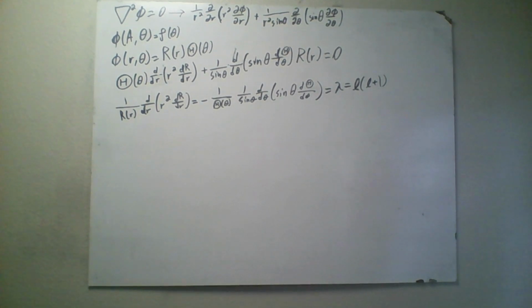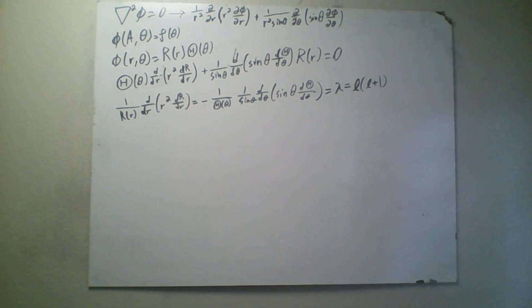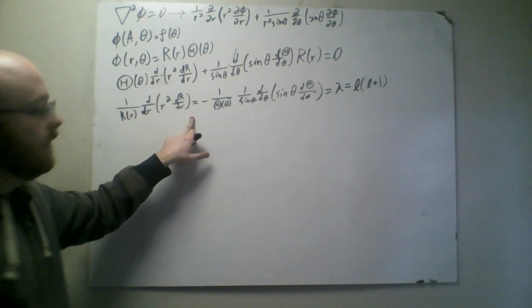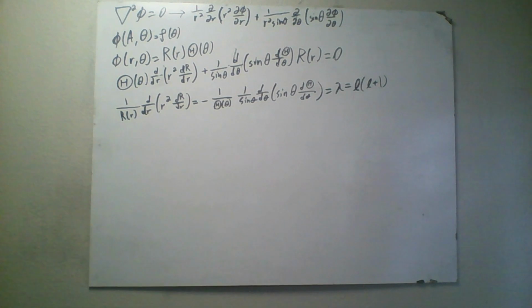Once again, you have to look a little bit ahead, and it'll turn out to be really nice. Well, so we got this, and does the R take the negative?